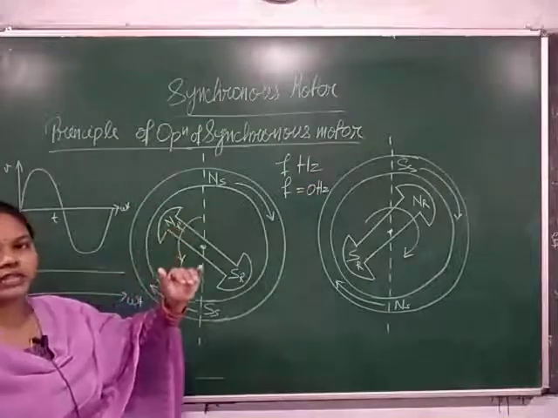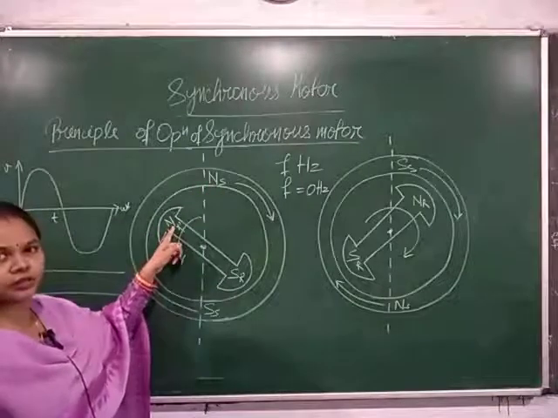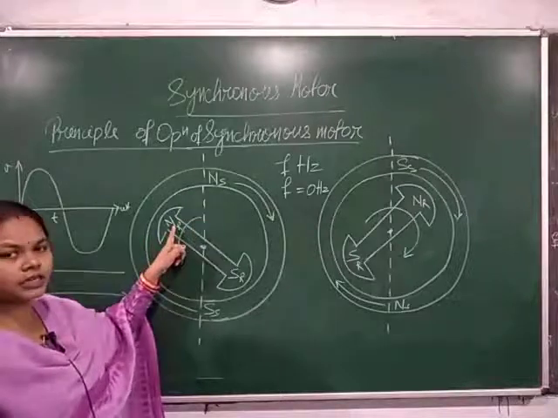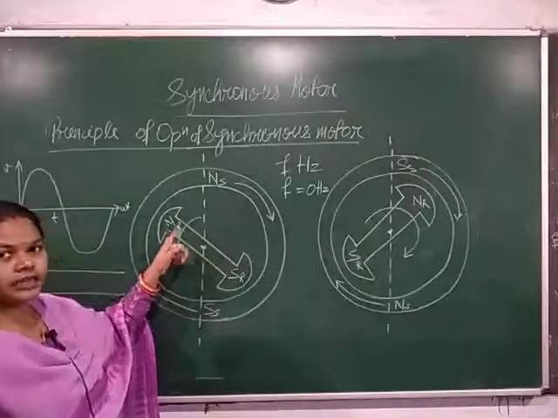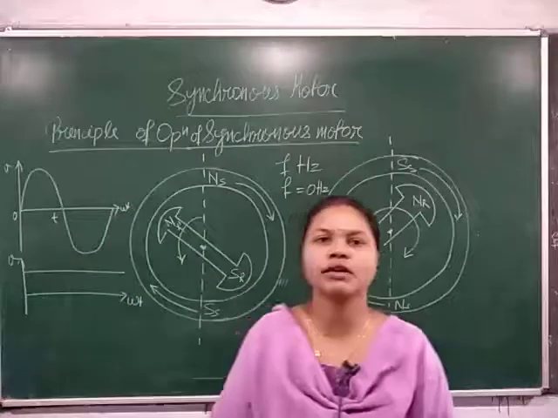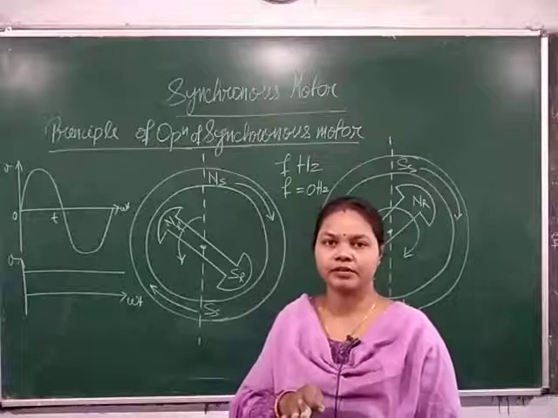In the first half cycle, this one is a north pole and this one is also a north pole. This is the north pole of the stator, this is the north pole of the rotor. If the same poles of rotor and stator face towards each other, then they repel each other.